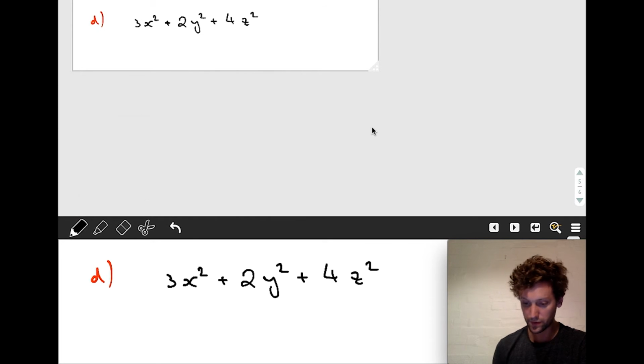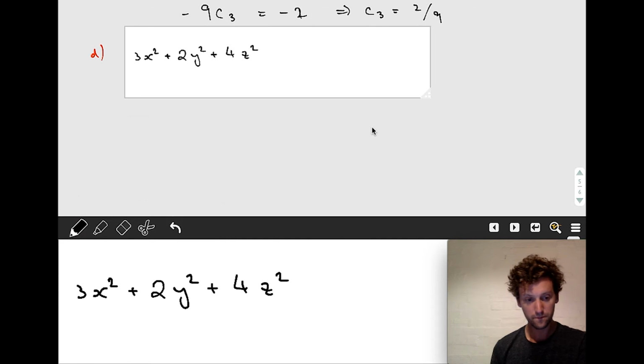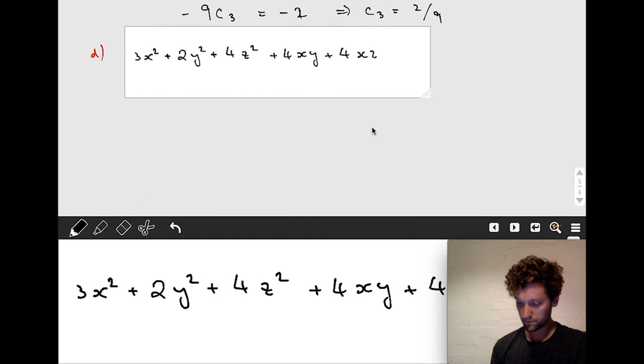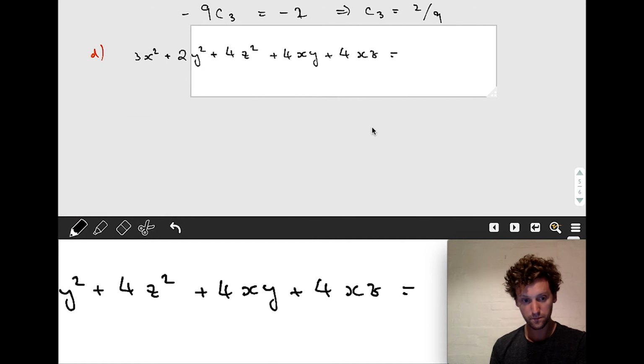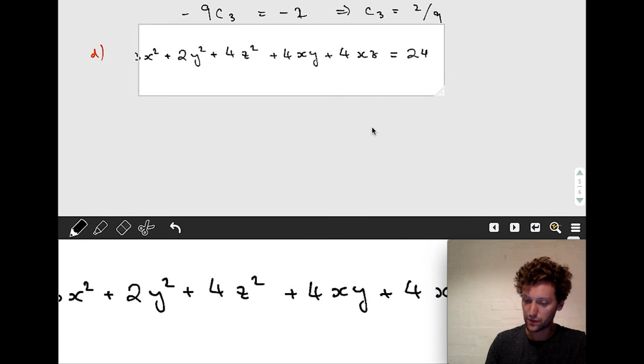We're given the quadric surface. We want to write this in terms of its principal axes and find an orthogonal matrix that diagonalizes this. And then we want to find out what shape this quadric surface is.